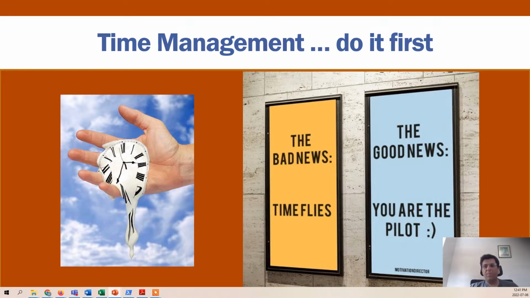Time is just flying all the time for all of us that are busy with so many things. So what is the appropriate way of managing our own choices, our own activities, our own behaviors? This is basically what we want to shortly discuss today.